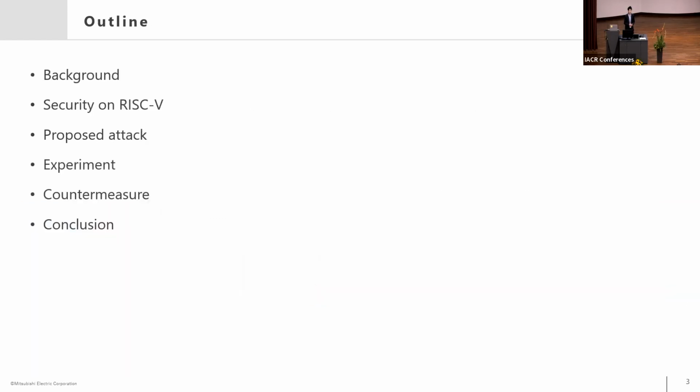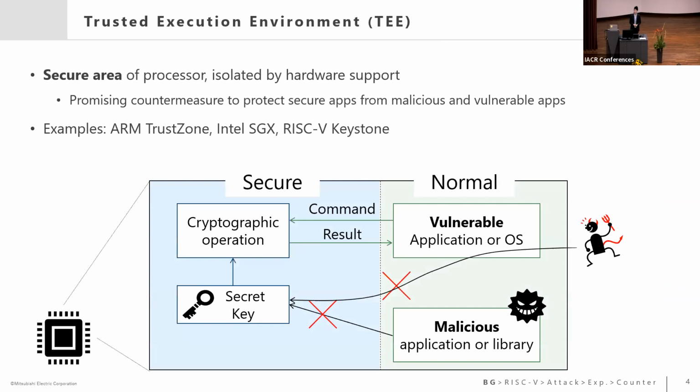Here is the outline of my presentation. It has 6 parts. Now, let's begin with the background. A trusted execution environment, or TEE, is a secure area of a processor isolated by hardware. It's a promising countermeasure to protect secure applications from malicious and vulnerable applications.